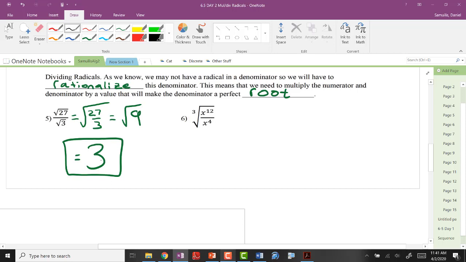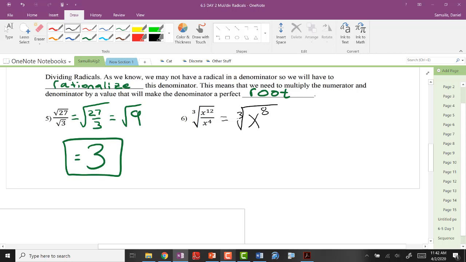The other thing that's not too bad is if, say, there's one radical but in one fraction. Now, 12 is divisible by 3, 4 is not divisible by 3. But the great thing about this is you can, again, just go ahead and actually divide them. Remember, when we're dividing values that contain exponents, what do we do with those exponents? Subtract. So we are going to subtract those two, and that gives me x to the 8th power.